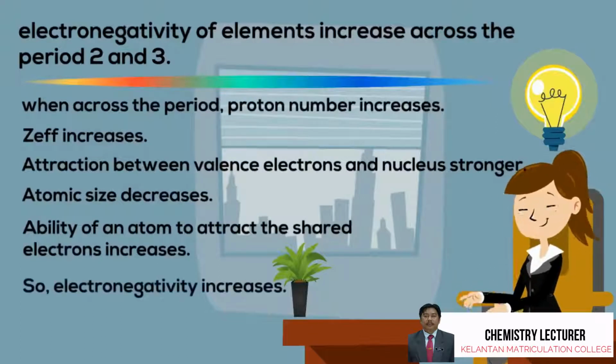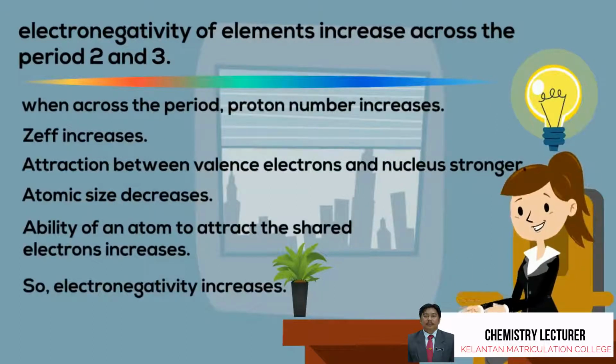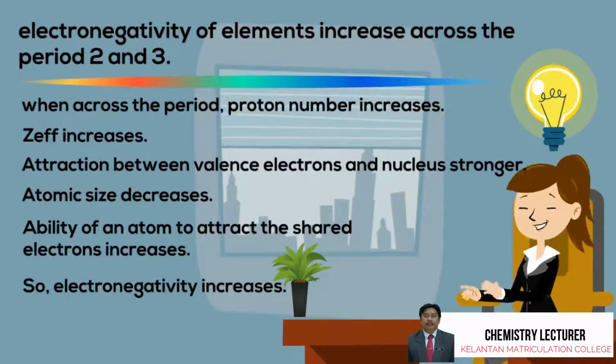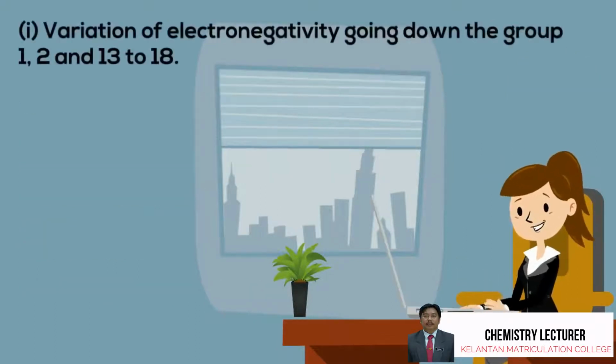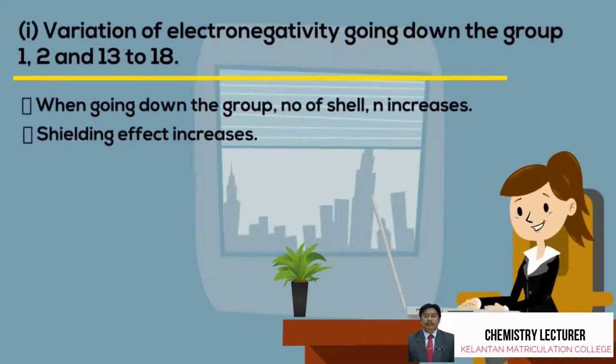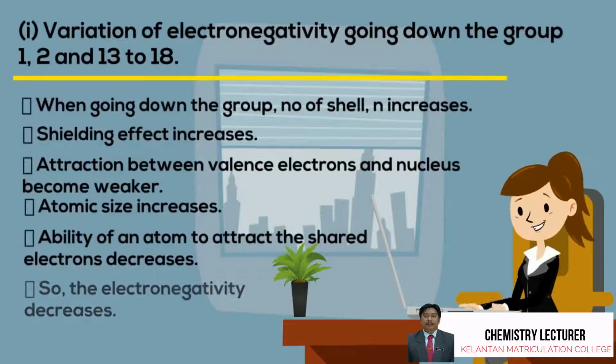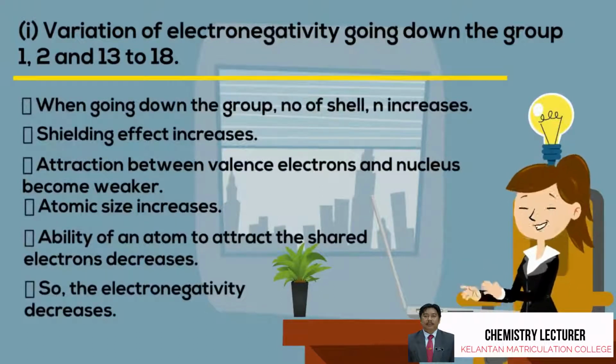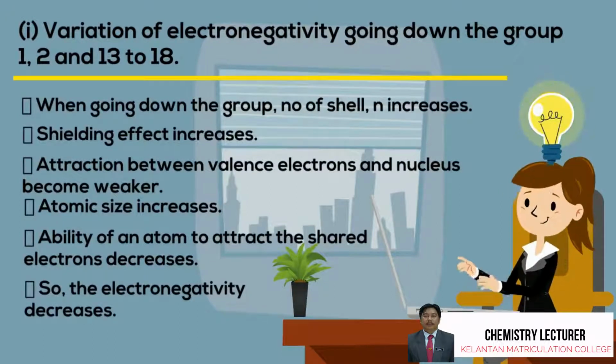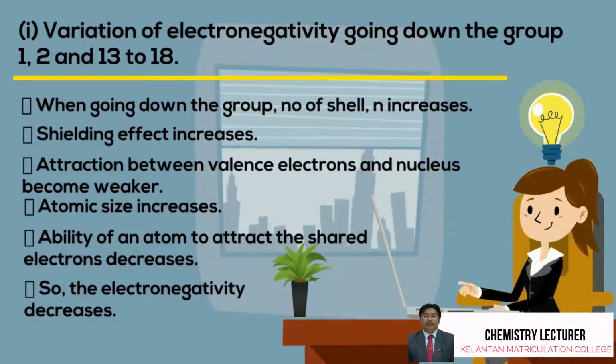By using the information given below, we can conclude that the electronegativity of elements across periods 2 and 3 will increase. Meanwhile, by using the information given, we can conclude that the electronegativity of elements down the group decreases.